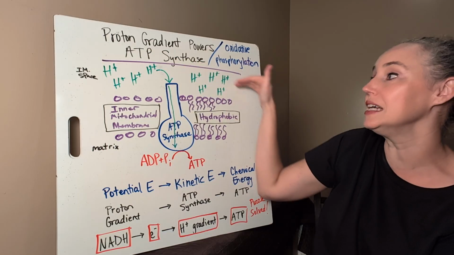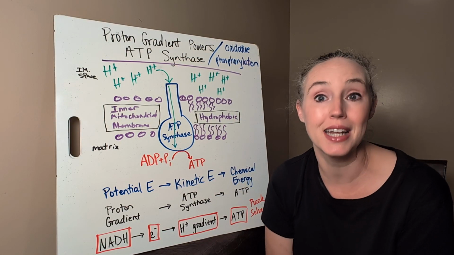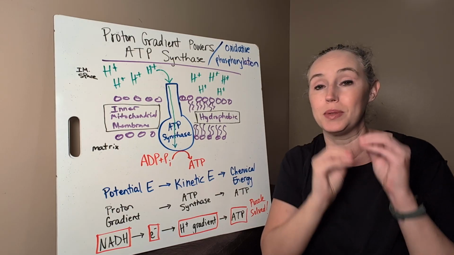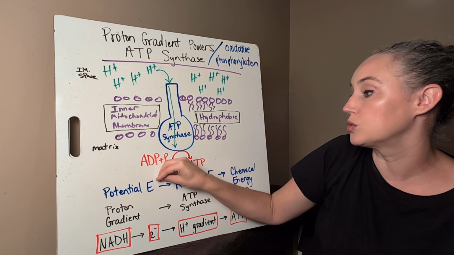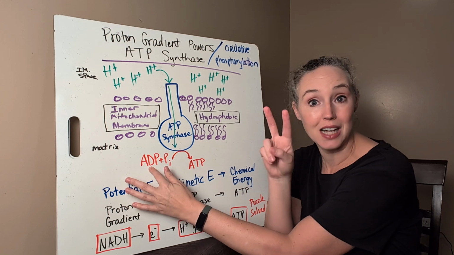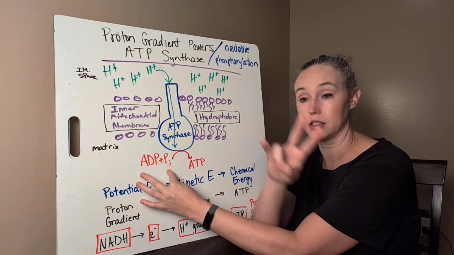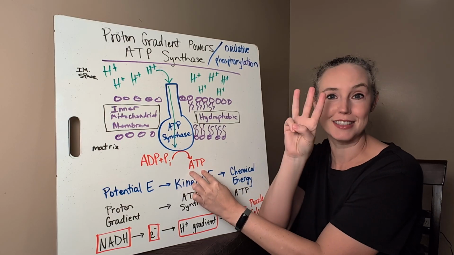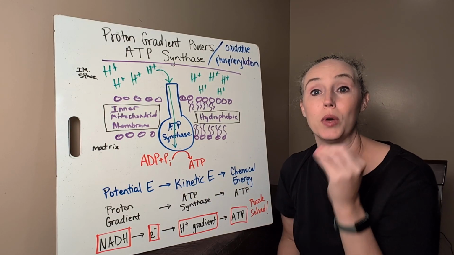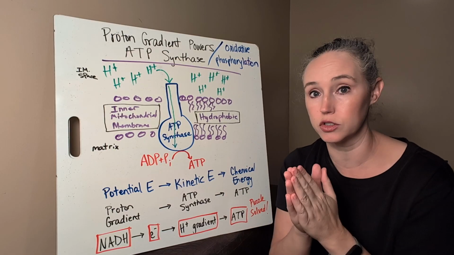So we're going to go from potential energy to kinetic energy. Then the kinetic energy from the ATP synthase is what powers the addition of ADP, adenosine diphosphate, with one more phosphate to become ATP, adenosine triphosphate, which is our cell currency. This is our cell energy currency.